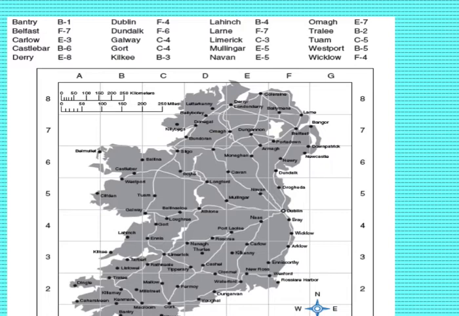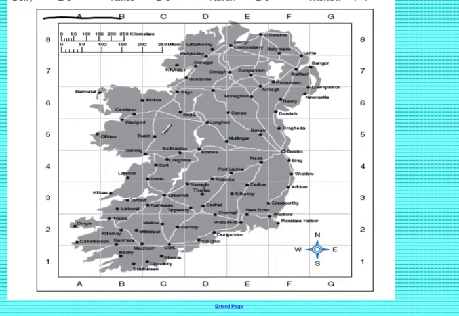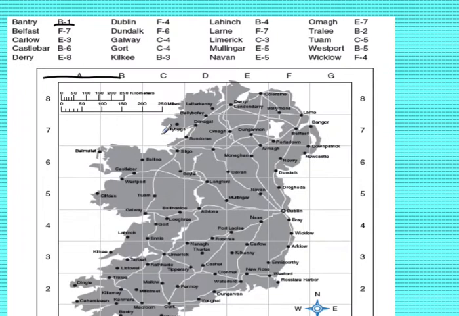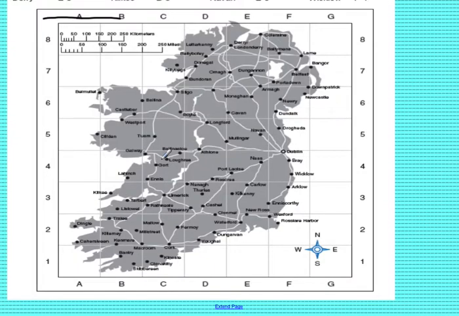throughout the coordinate grid. So if I wanted to find this first one here, if I wanted to find Bantry, B's listed first, so I would start at B and walk over to B, and then once I got to B, I would go all the way down to B1, and here in my box on B1 is Bantry.